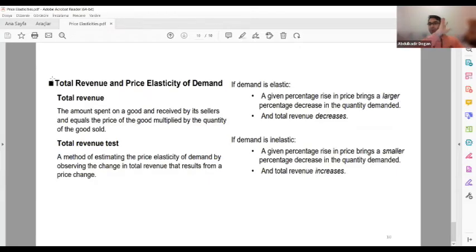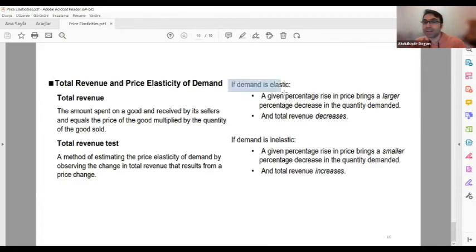My total revenue, 100 times 10, equals $1,000. And if I increase my price from 10 to 15, what will happen to my total revenue? Will it be greater than 1,000 or less than 1,000? This is directly related to whether I will sell 100 units or less than 100 units. How many less than 100 units?